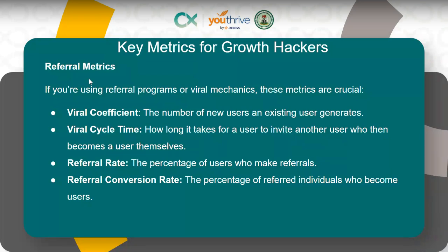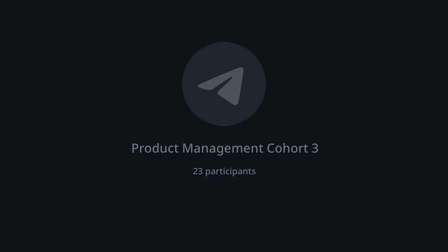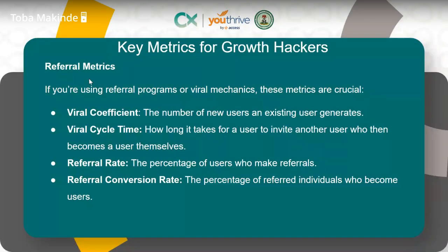They might refer, but the person may just join and not subscribe to the product. So that's one thing as well. Referral rate is the percentage of users who make referrals. Referral conversion rate is the percentage of referred individuals who become users. So you see how these metrics are important for your product.